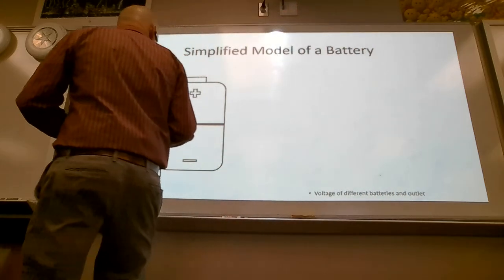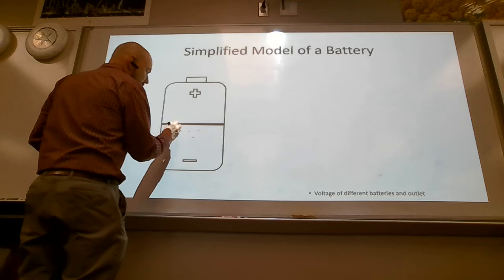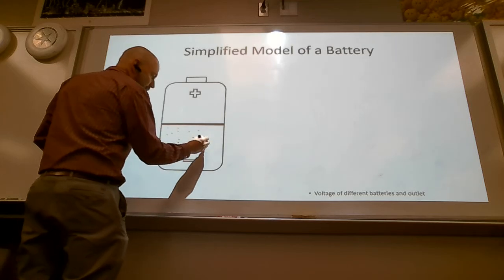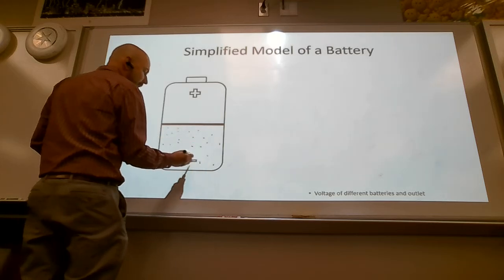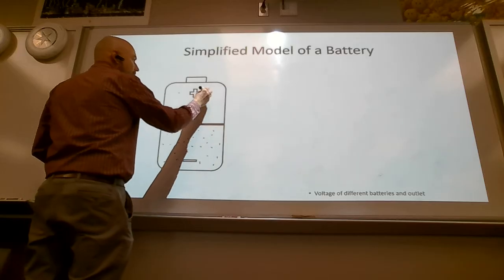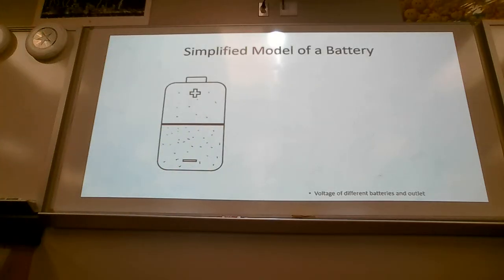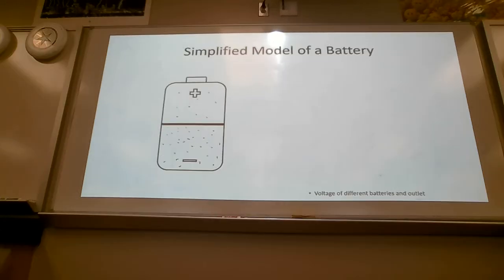In our battery, we have this impenetrable wall between the positive and negative side. On the negative side, it's packed out with electrons. Positive side, not so much. If you were an electron, where would you rather be? Positive side or negative side? Positive side.